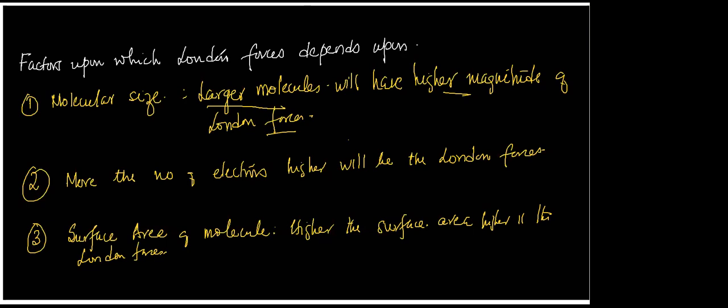Can you explain this? Say for example, I have a molecule like this, and this molecule gets coiled into this smaller shape.